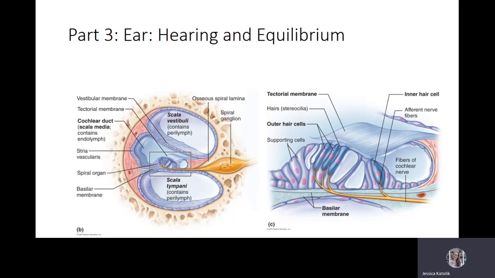And so different regions of the spiral organ are associated with different frequencies of sound. Only particular hair cells will be activated for a particular frequency, and this is how our brain can differentiate different frequencies of sound. So just so you know.